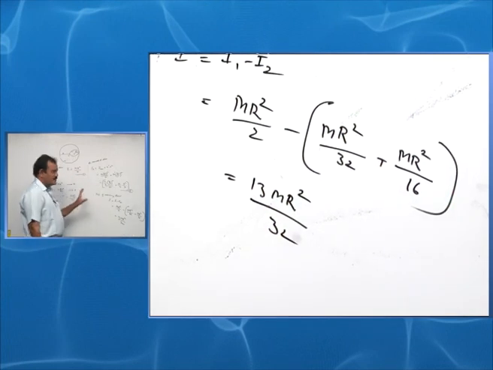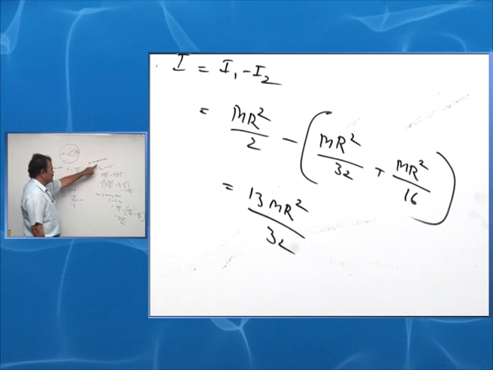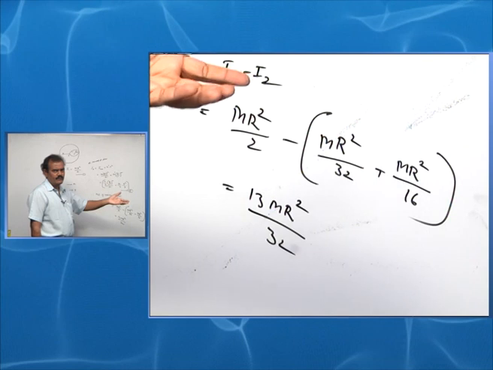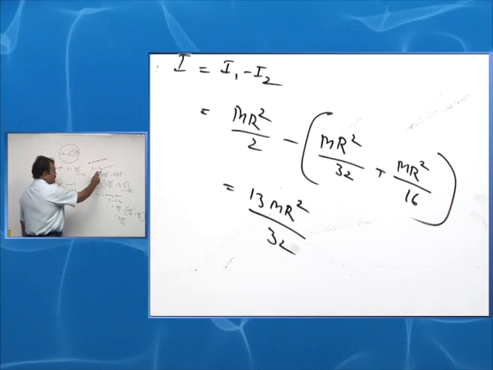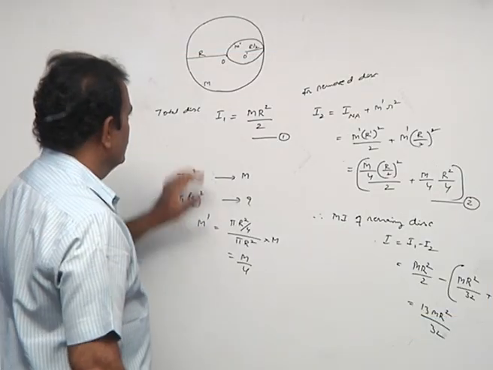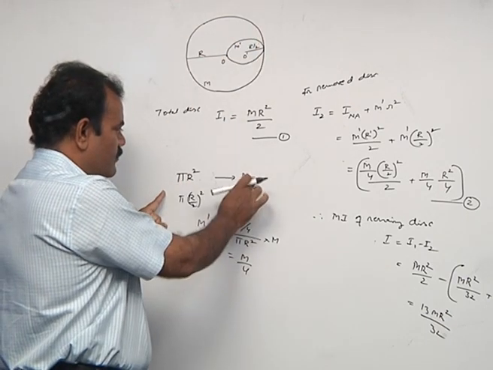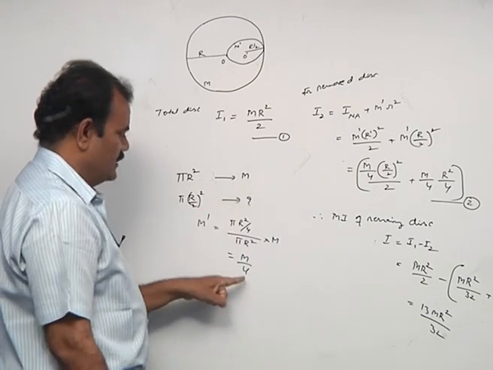So this type of problem is simple. I1 is for the total disk, and then there is the removed disk. You may feel some difficulty in finding the moment of inertia of the removed disk, because the mass will be a different value, the radius will be different, and the distance of separation also has to be found. For the mass it is simple: πR² is the area, and its corresponding mass is M. For π(R by 2) whole square, the mass will be M by 4.